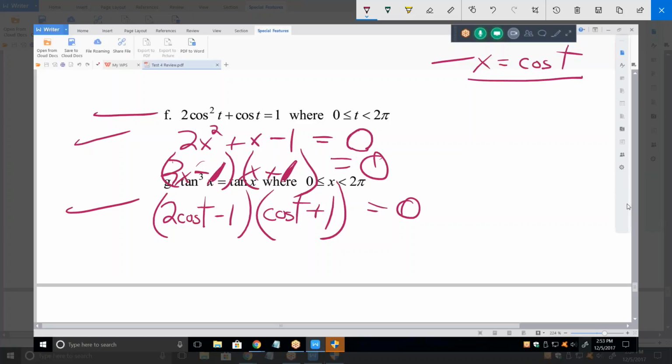So they're both equal to 0. In the first case, cosine t is going to be what? 1/2. Now give me all the angles where that's true in the unit circle.